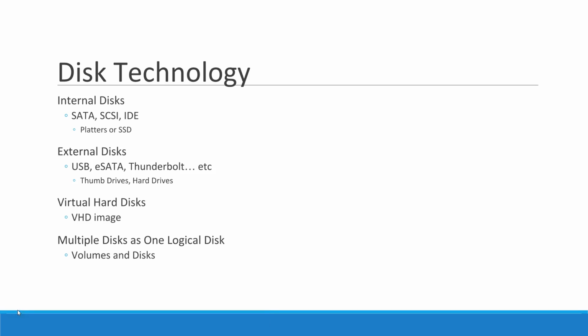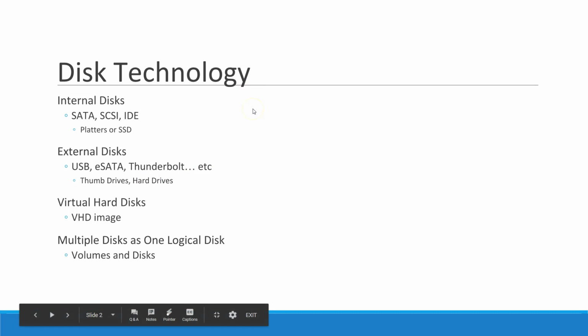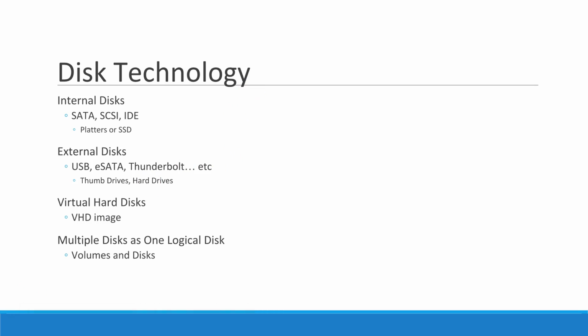So SATA is, again, an internal way to plug in a hard drive, so it would be internal to the actual machine, be it a laptop or a desktop. Serial ATA, the ATA is AT attachment.